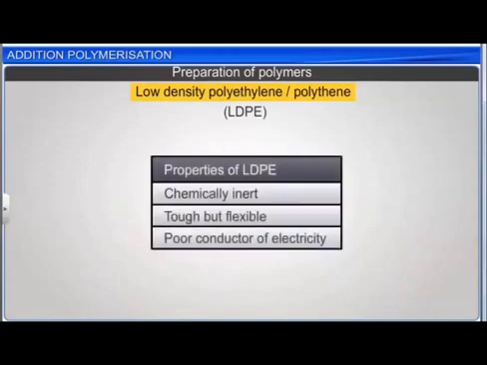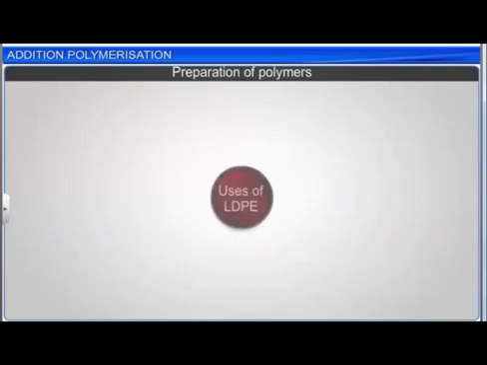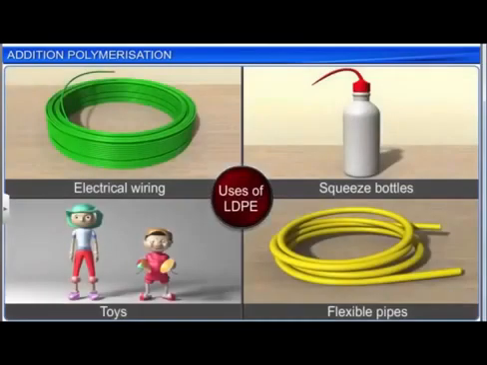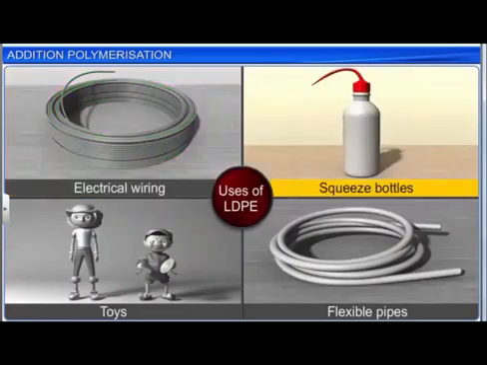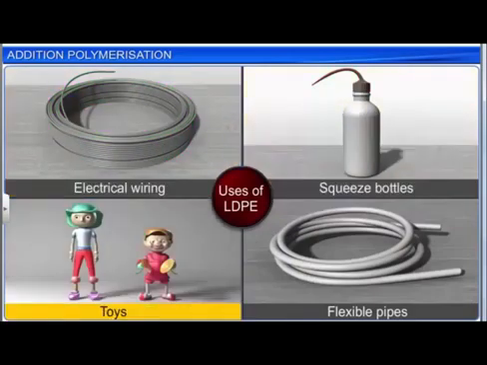LDPE is chemically inert. It is tough but flexible and a poor conductor of electricity. LDPE is used to make insulation for electrical wiring, besides squeeze bottles, toys, and flexible pipes.